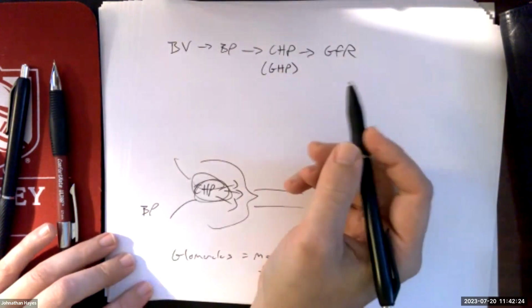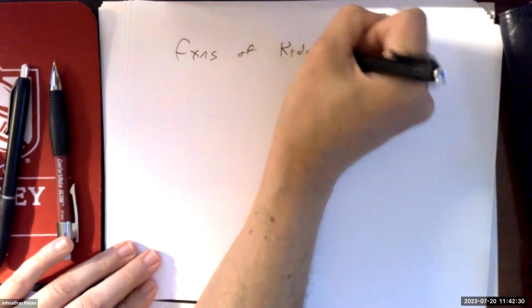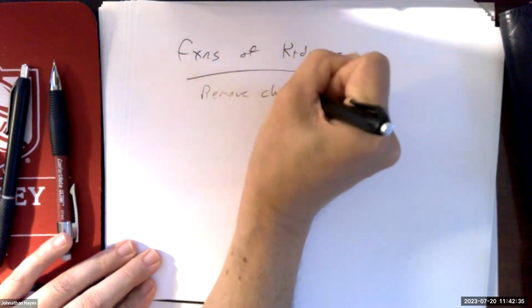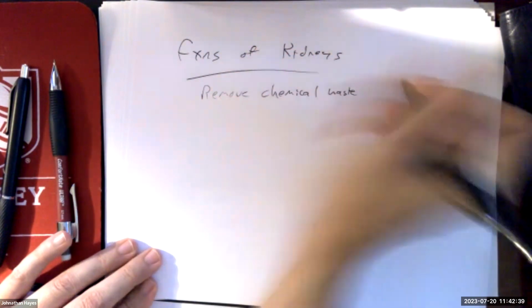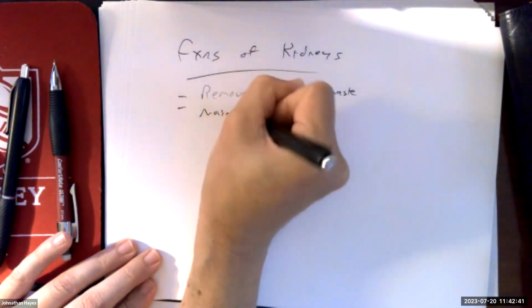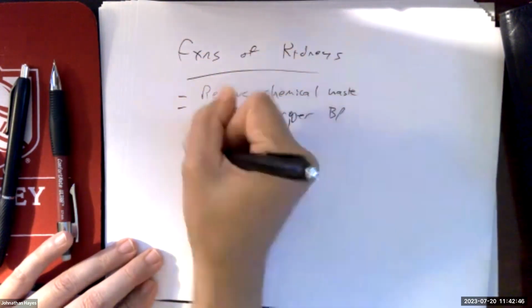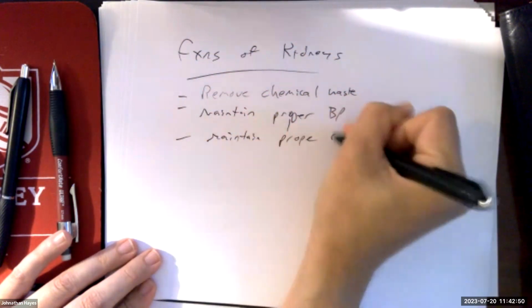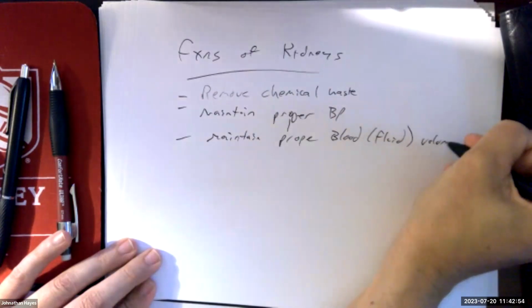So one of the first things that we talked about when we were talking about the functions of the kidneys is, yes, your kidneys are supposed to remove chemical waste, and chemical waste can be anything that's in excess, but we also have to maintain proper blood pressure. We also have to maintain proper blood or fluid volume, right?